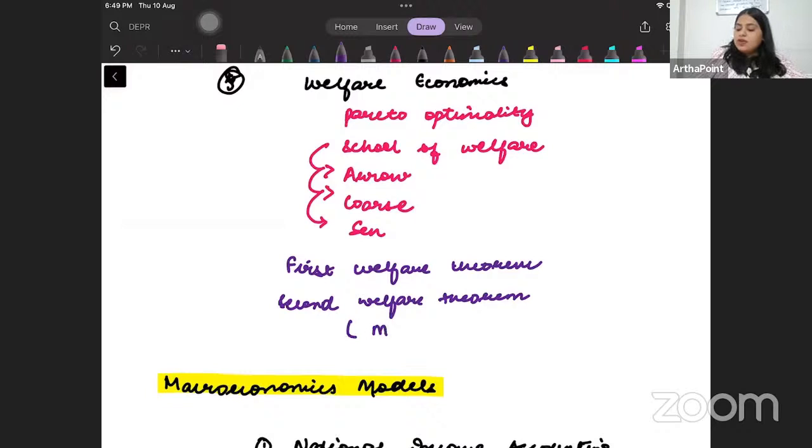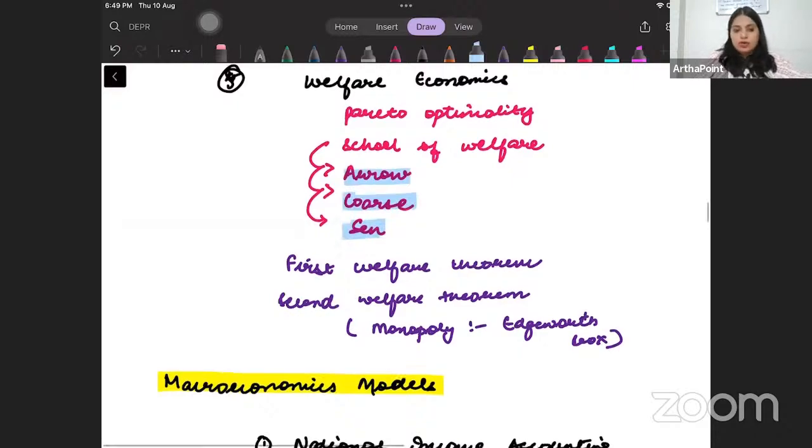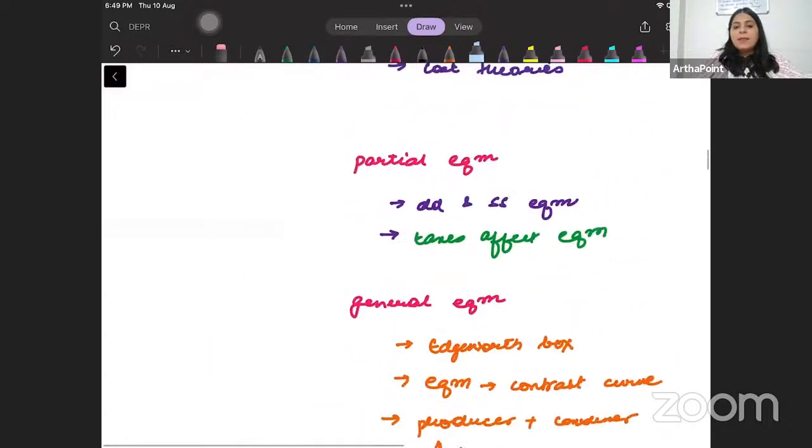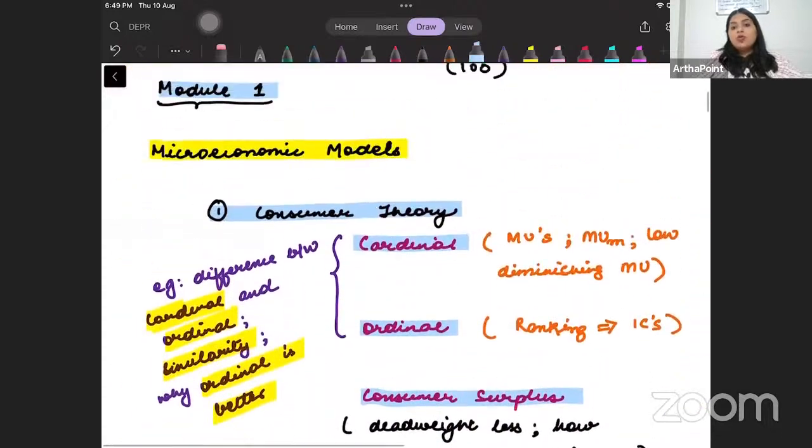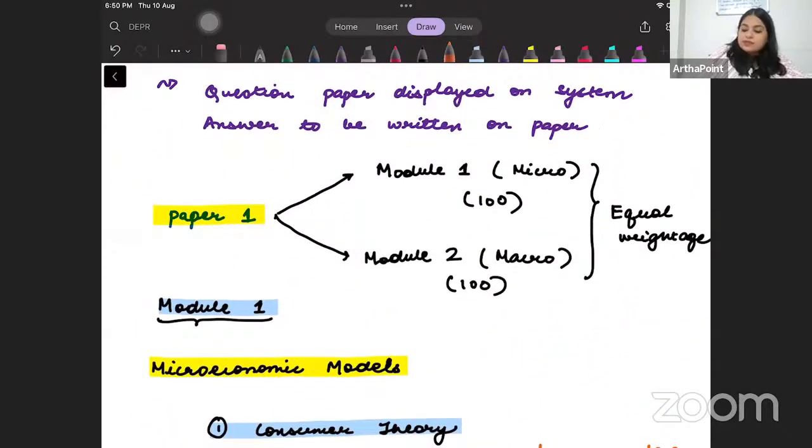How we draw the case of monopoly in Edgeworth box. Right? Then you should be aware about Arrow's school of thought, Coase's theory of school of thought and Sen's school of thought. ठीक है? तो बेटा ये हो गया आपका पेपर 1 का मॉड्यूल 1.